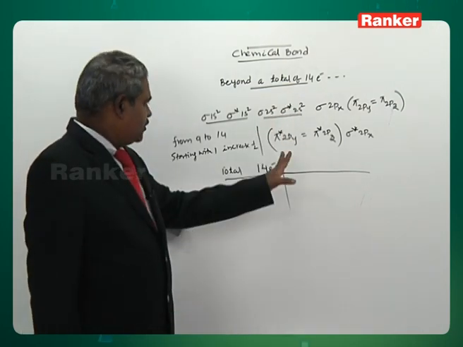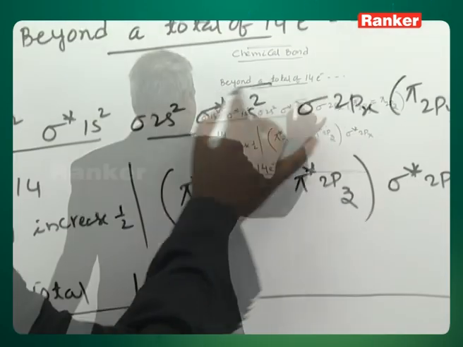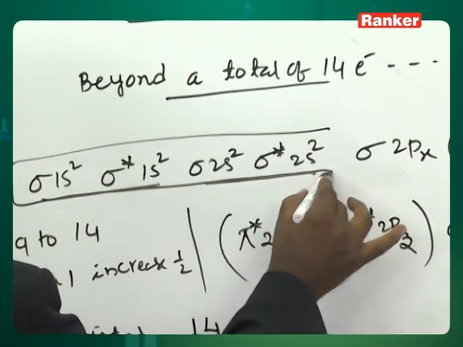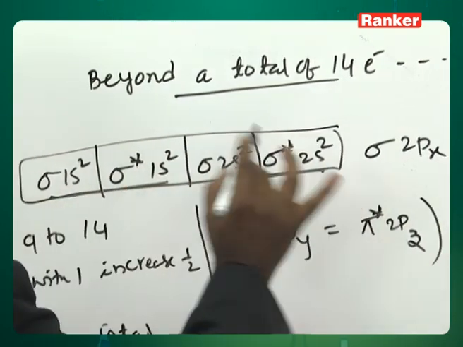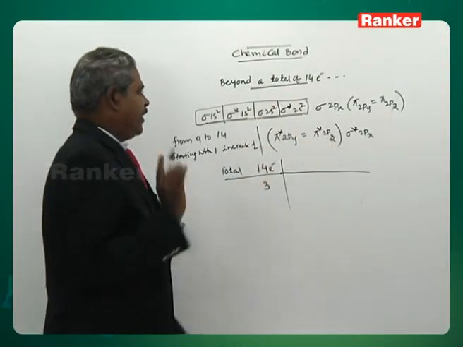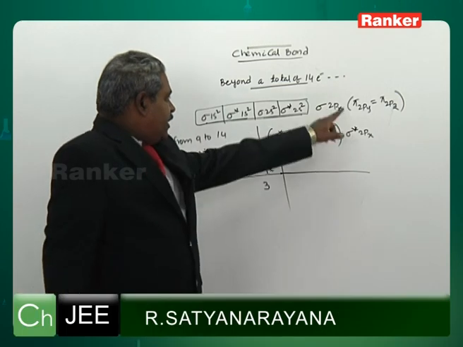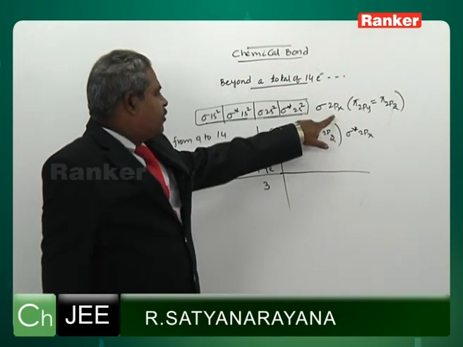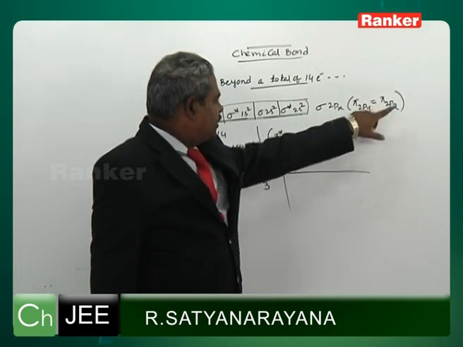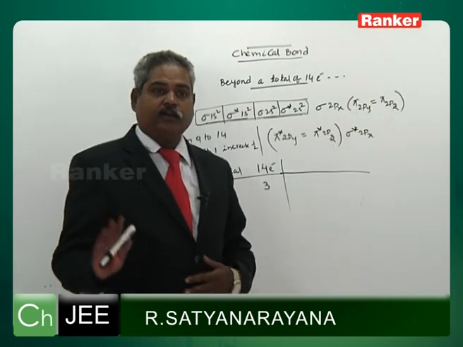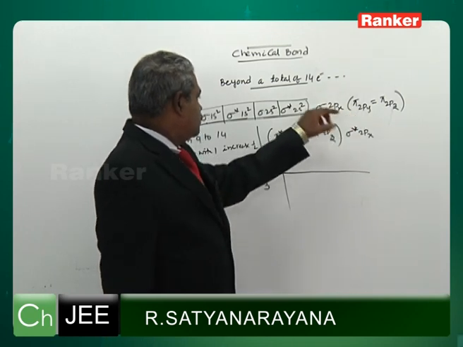But you just observe, among the first 8 electrons, bonding and anti-bonding are equal, so they are not going to contribute anything to the bond order. Starting from 9 to 14, the 9th, 10th, 11th, 12th, 13th and 14th electrons are all bonding.